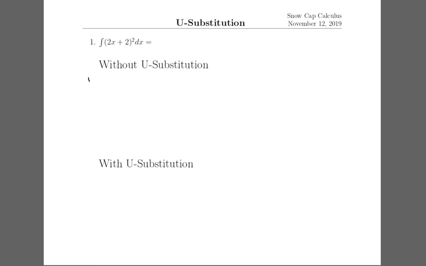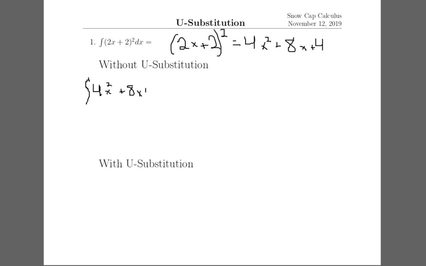So let's see, 2x plus 2 quantity squared will give us 4x squared plus maybe 8x plus 4. So we can go ahead and integrate that with respect to x. So the integral of 4x squared plus 8x plus 4 dx.